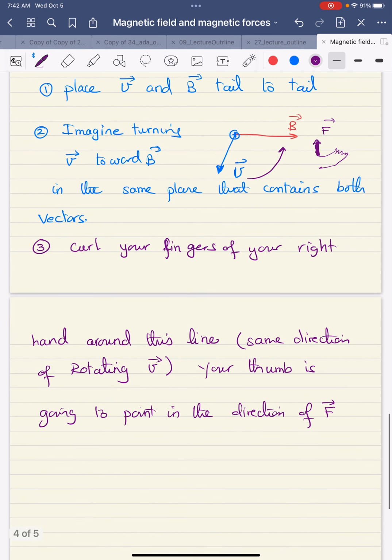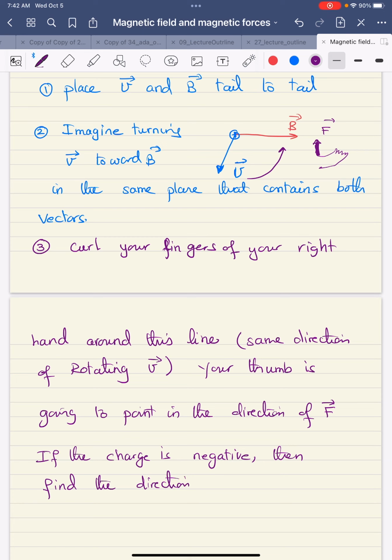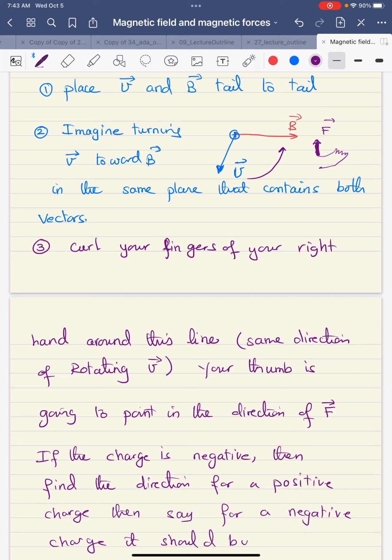Now, if the charge is negative, then find the direction for a positive charge, then say for a negative charge it should be in the opposite direction.